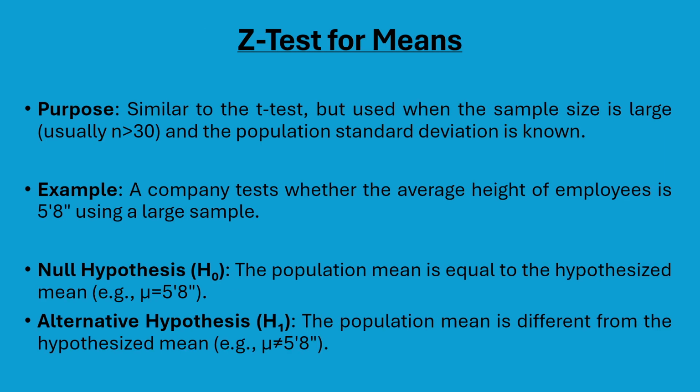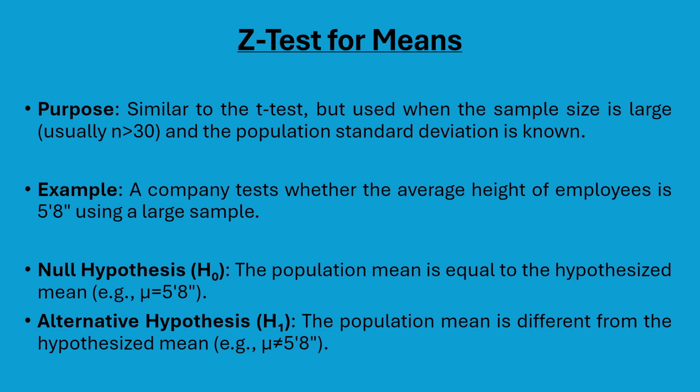And the last one, which we normally use, is the z-test for means. It is similar to the t-test but used when the sample size is large, usually when n is greater than 30 and the population standard deviation is known. An example can be a company testing whether the average height of an employee is 5 feet 8 inches using a large sample.